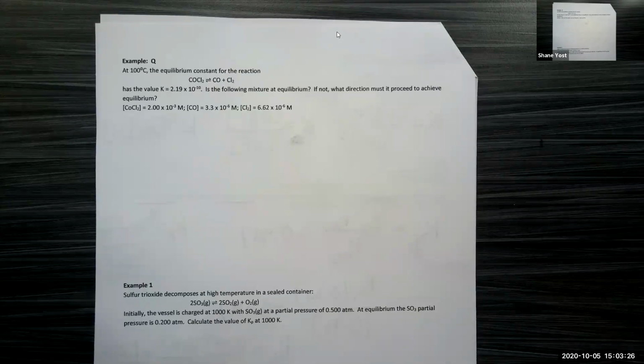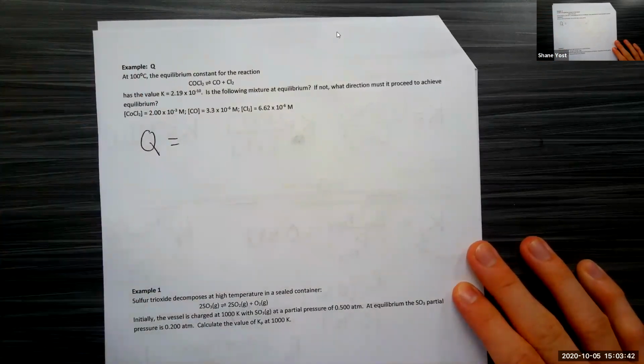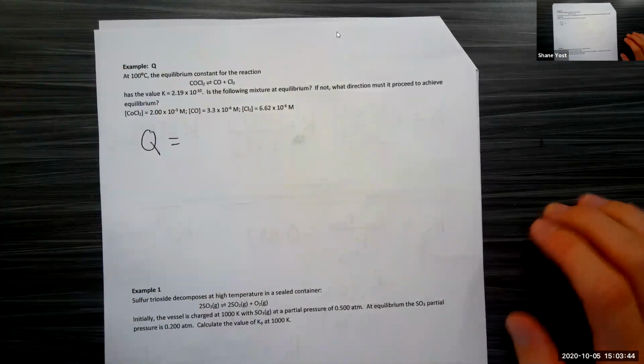I'm just flipping over to this, the exact same question, right? So if I want to determine if this is at equilibrium, we need to calculate Q. What is going to be the expression for Q for this reaction?